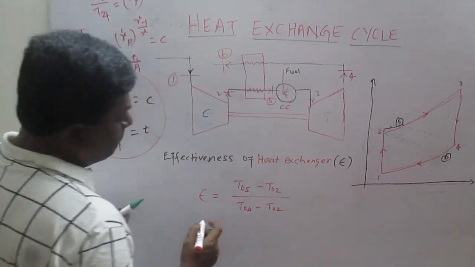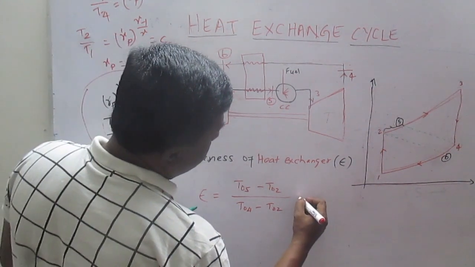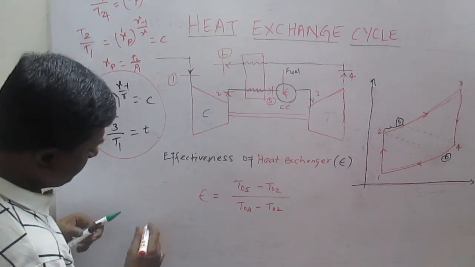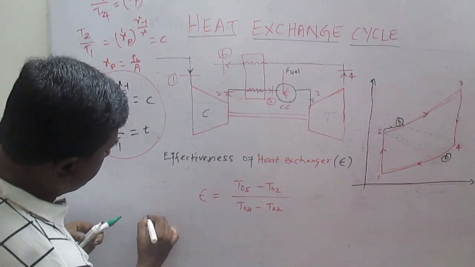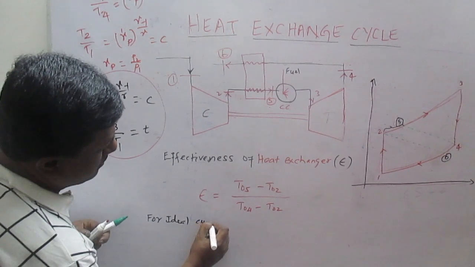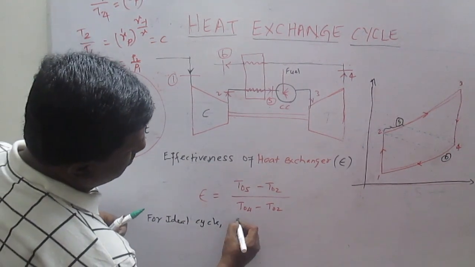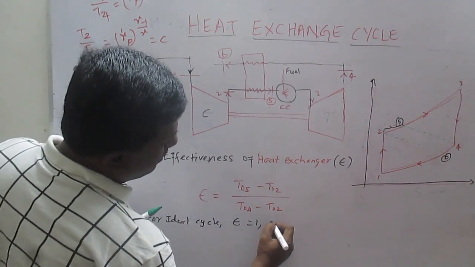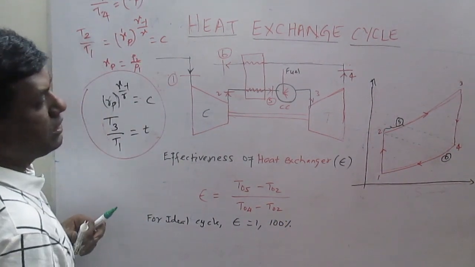For the perfect heat exchanger, or for the ideal cycle, this eta, that means effectiveness, is nothing but 1. So for the ideal cycle it is 1, which means 100%.